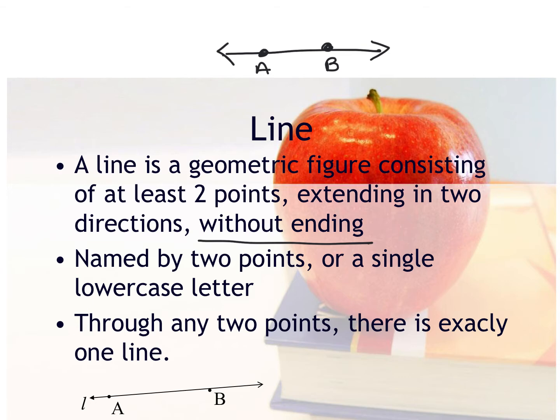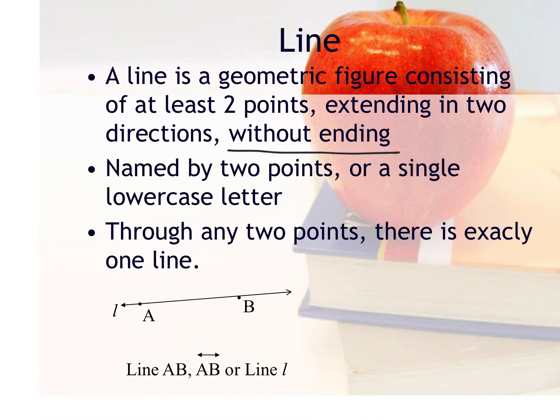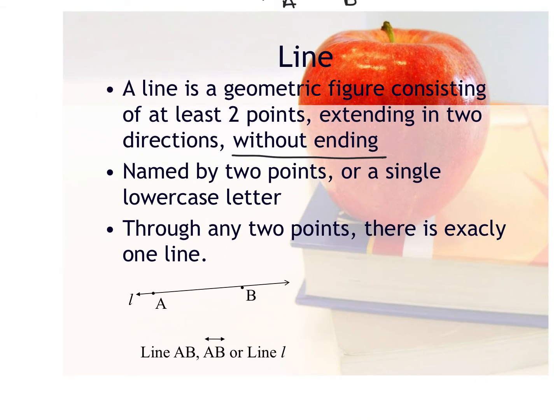You can name a line by 2 points or a single lowercase letter. Always remember that there is exactly 1 line through any 2 points. So down here is a picture of a line. And I can enlarge the arrows.